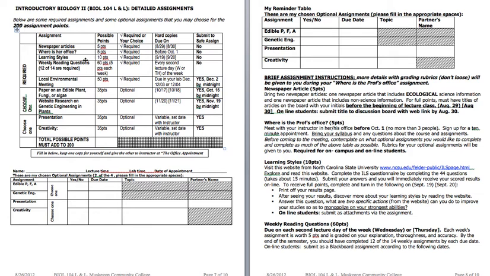Online, there's a learning styles exam that's worth 10 points. It is required and it's due by September 20th. Again, not a Safe Assign document. There will be weekly reading questions. Those are critical thinking questions. 12 of those 14 are required.